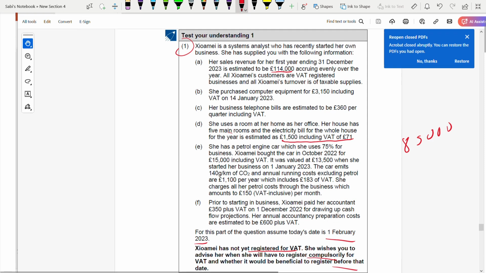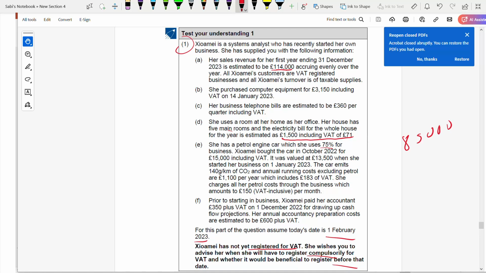She uses a petrol engine car, 75% for business. Bought the car in October for 15,000 including VAT, valued at 13,500. Car emits 140 emission. Actual running costs excluding petrol are 1,100, which includes 180 of VAT. She charges all her petrol costs through the business, which amounts to 150 VAT inclusive per month.